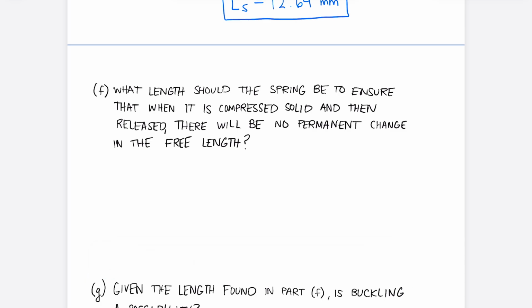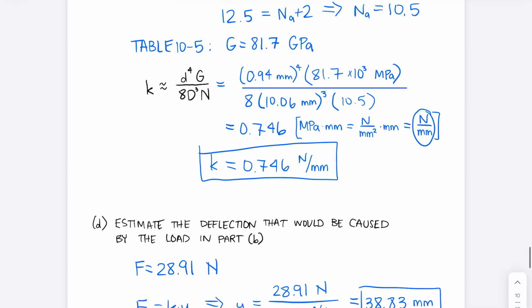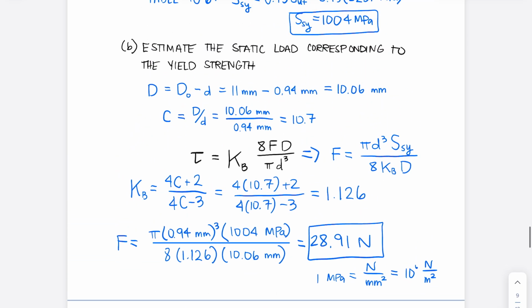All right, part F. What length should the spring be to ensure that when it is compressed solid and then released, there will be no permanent change in the free length? Essentially what this question is asking is for us to avoid the yield strength. And we've already figured out what that force is that causes us to just reach the yield point. That's what we did up here in part B, is find the static load corresponding to yield.